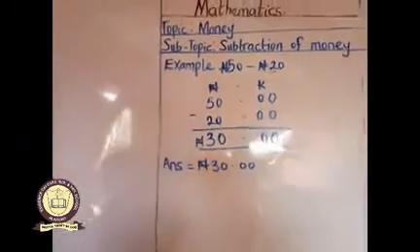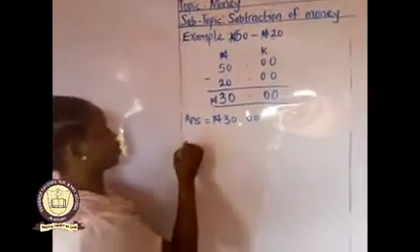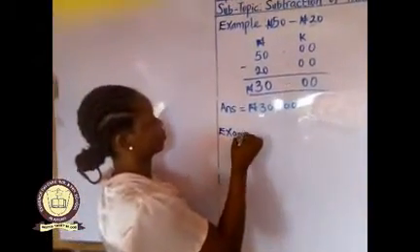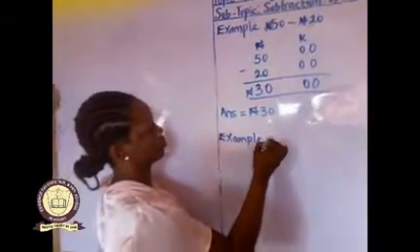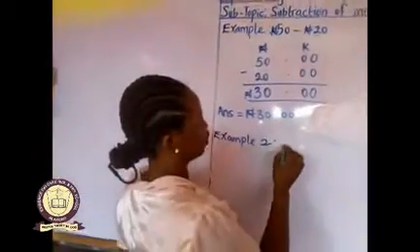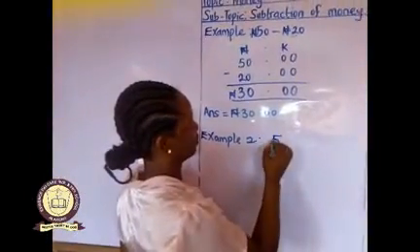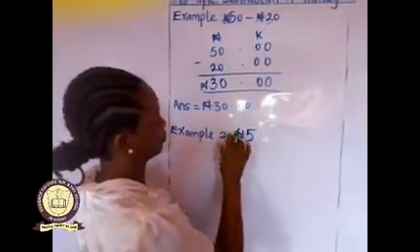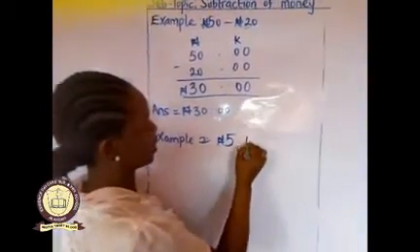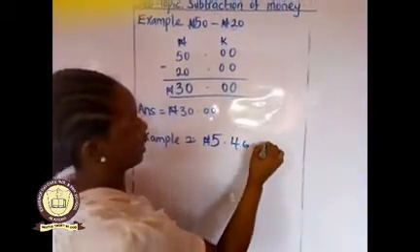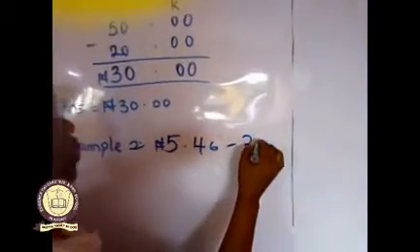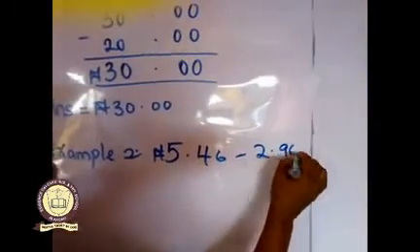Now let's do another example. Example 2. You have 5 naira, 46 kobo minus 2 naira, 96 kobo.